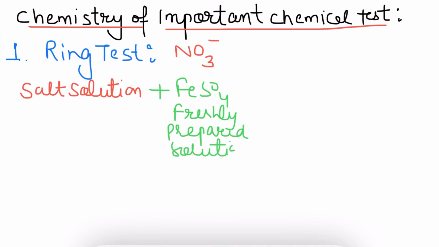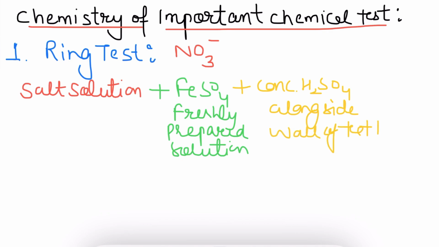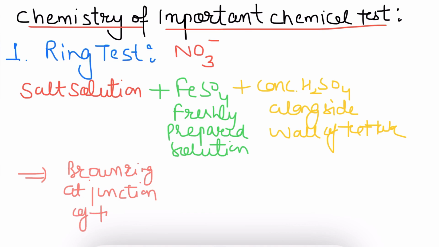To this we add concentrated sulfuric acid along the side wall of the test tube. This results in the formation of a brown ring at the junction of the two solutions.